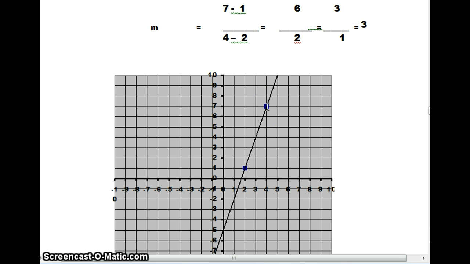Since the slope is 3, it could be expressed as 3 over 1. So we could start at this point right here, and we could go up 3 and right 1, up 3 and right 1. So remember that you always have to go straight up or straight down and left or right.